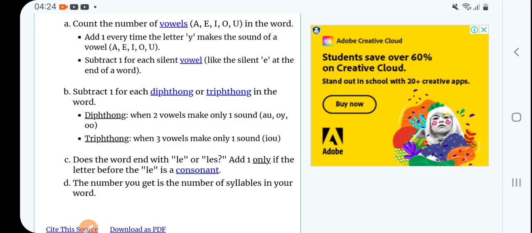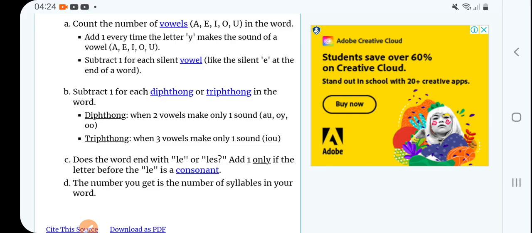Subtract one for each silent vowel, like the silent e at the end of the word.